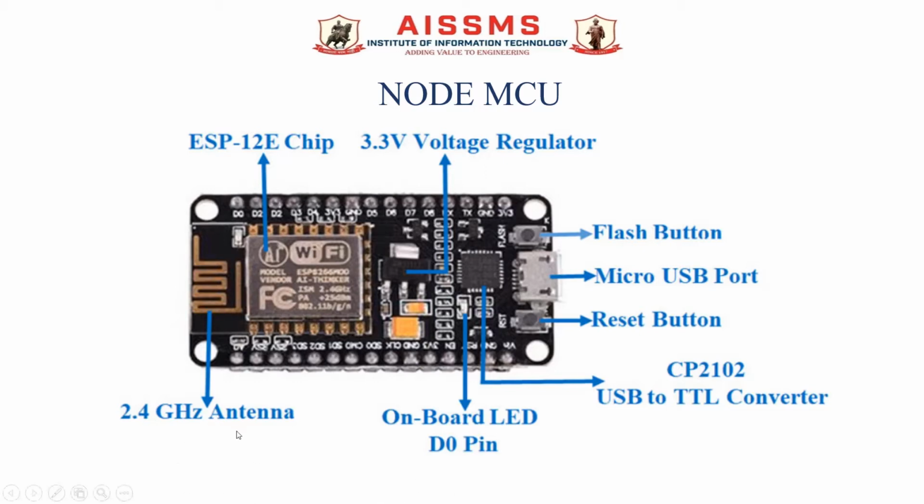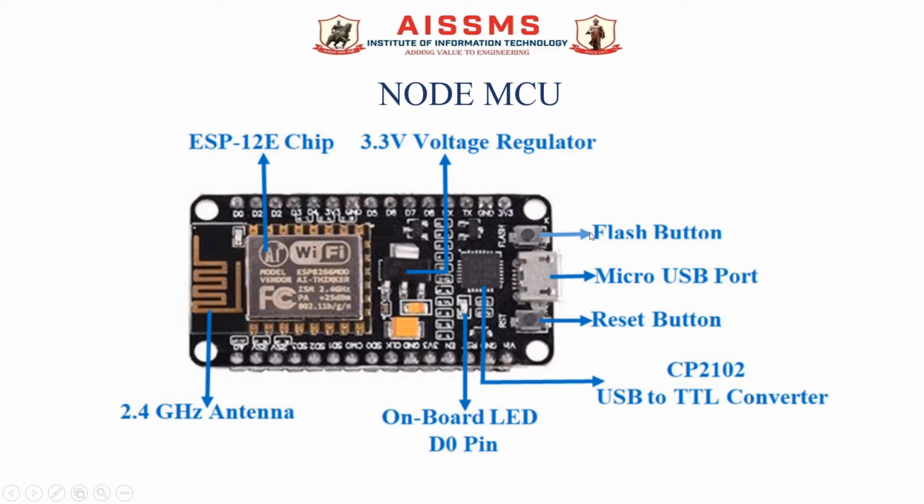In this diagram, you can observe that this is the ESP-12E chip. On this board, there is a 3.3 volt voltage regulator, and a 2.4 GHz antenna is available for this Wi-Fi module.